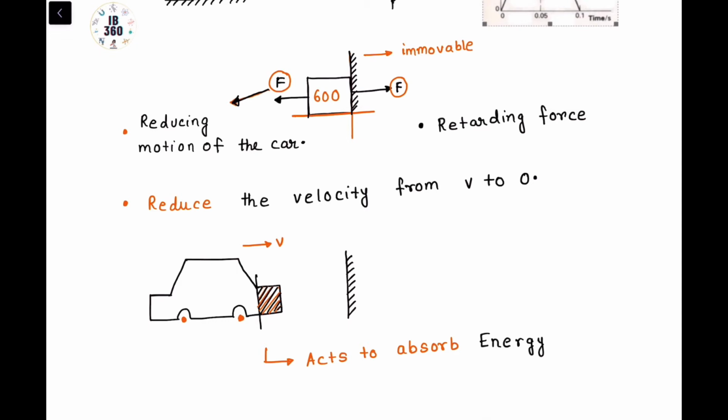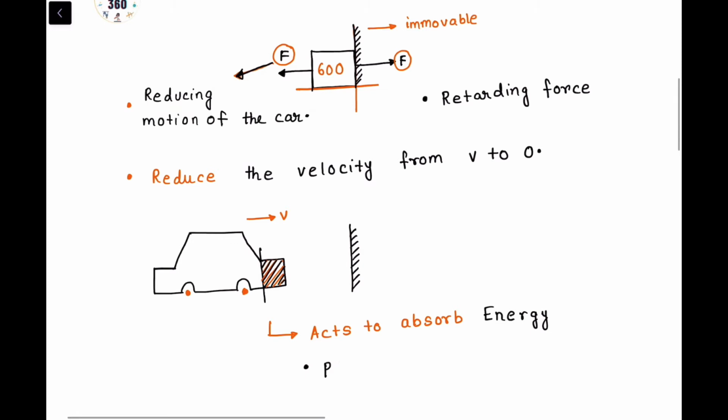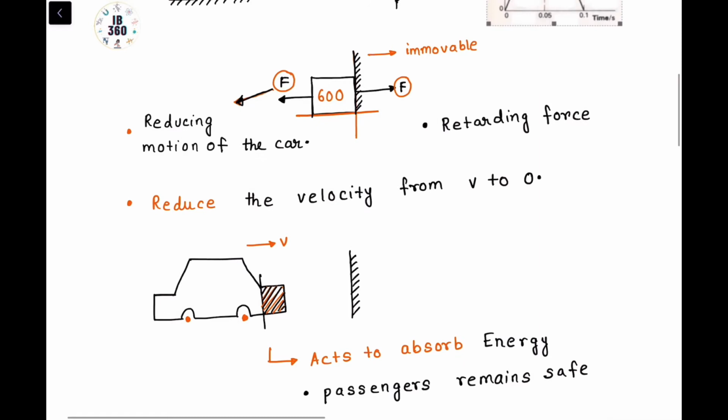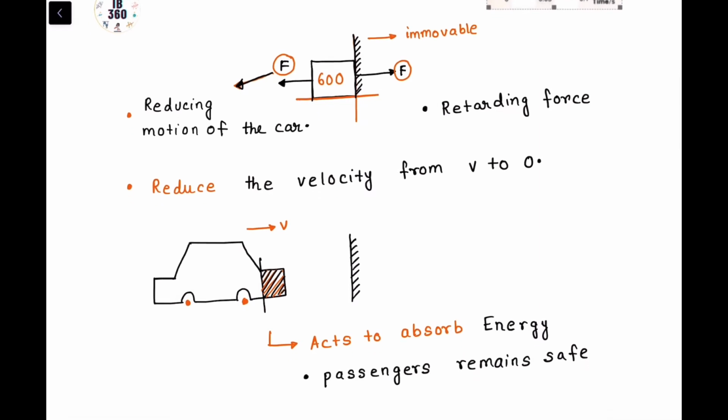That means the passengers remain safe. Modern cars are designed so that the front of the car absorbs the collision. Suppose this was not a modern car, but a car from the 1800s or the 1900s.